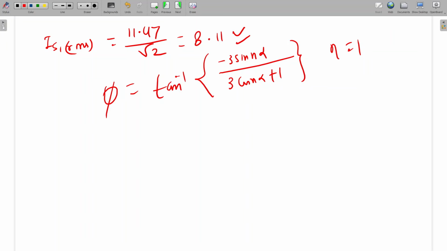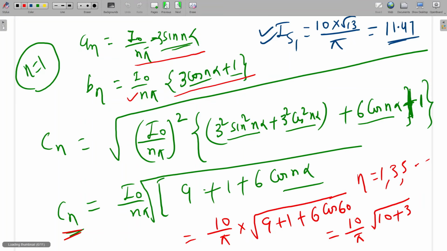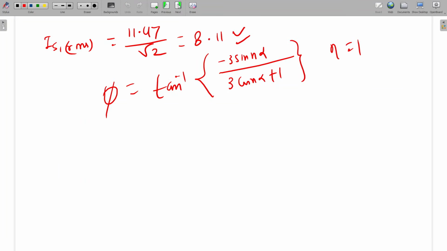So it will be minus 3 into sine 60 divided by 3 cos 60 plus 1. How much? Minus 46 or something like that.